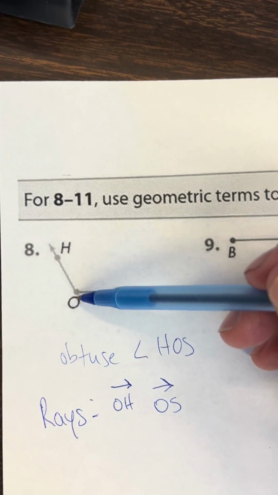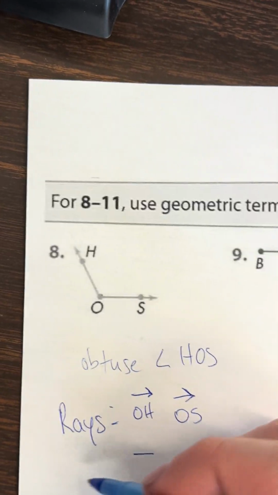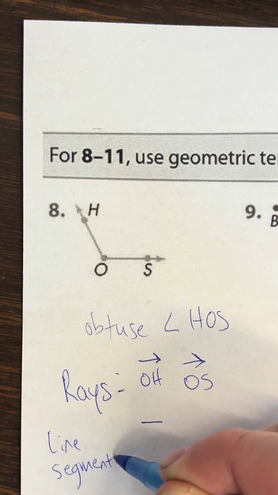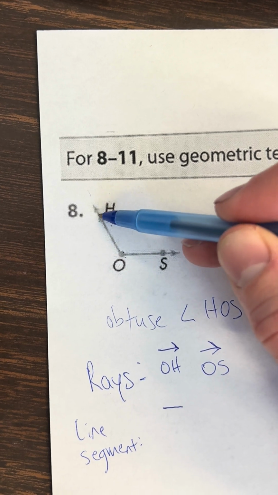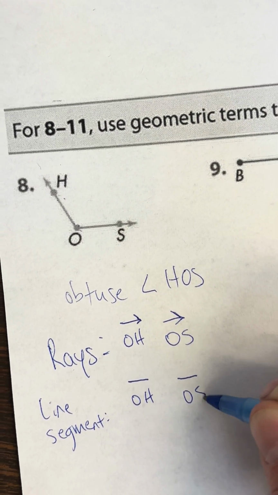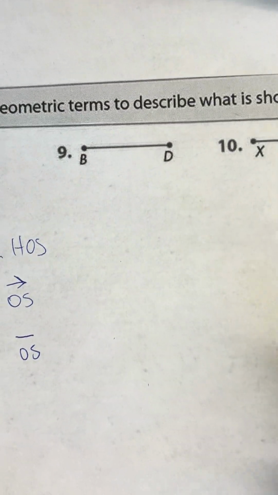Now those rays go from here on forever. We also have line segments, line segment OH, which is only from O to H. It stops right there. And line segment OS. These are slightly different, but you need to know the difference.